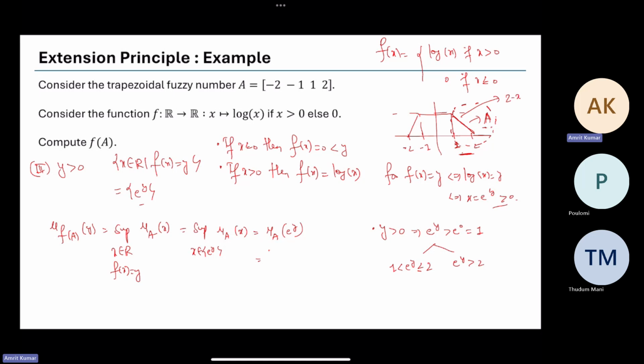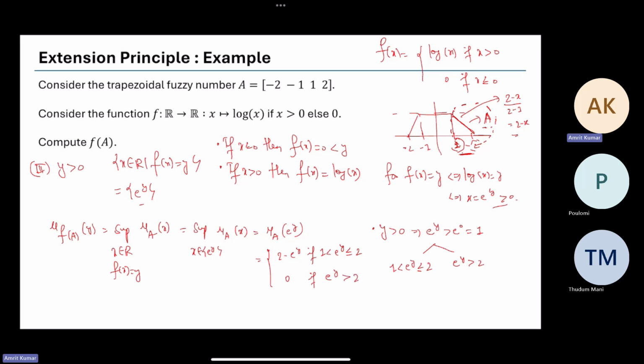It is 2 minus x. I hope you know how to do all this. We are just writing the membership function of a trapezoidal fuzzy set, and I assume that you know how to do that by now. So it is 2 minus e to the power y if e to the power y is between 1 and 2, and it is 0 if e to the power y is greater than 2.